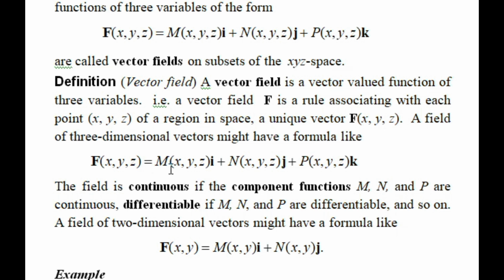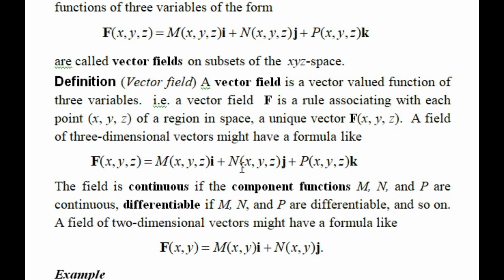What are the component functions? M, n and p. Don't think that m, n and p are constants. They are again functions. See here, m of triple xyz is a scalar valued function. M of triple xyz produces a scalar, and that scalar gives a component of the vector.